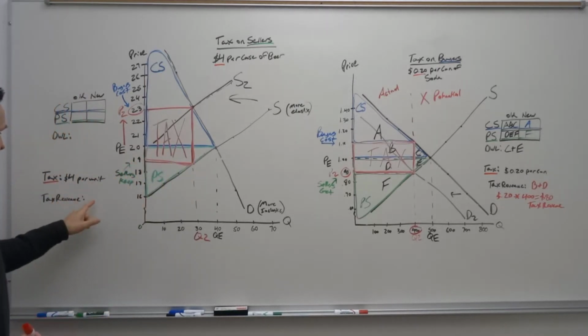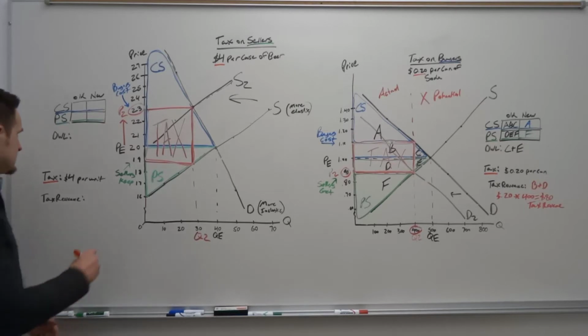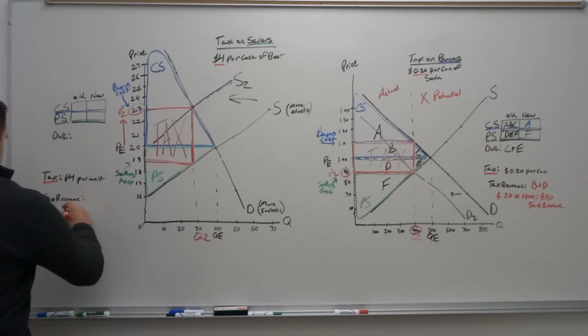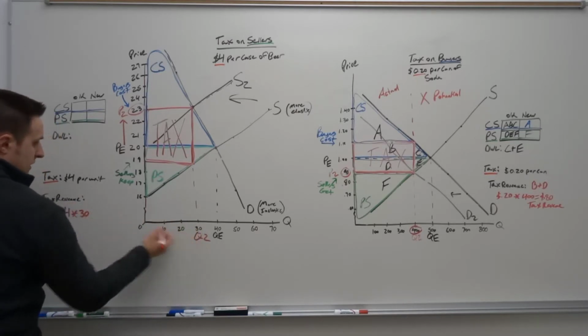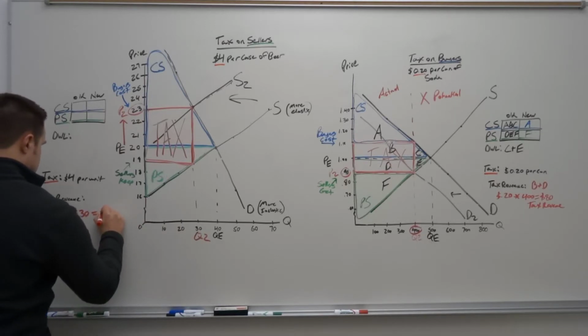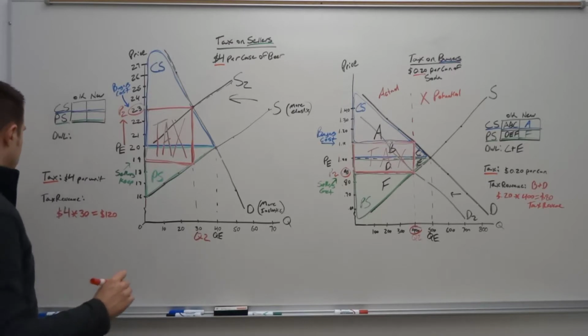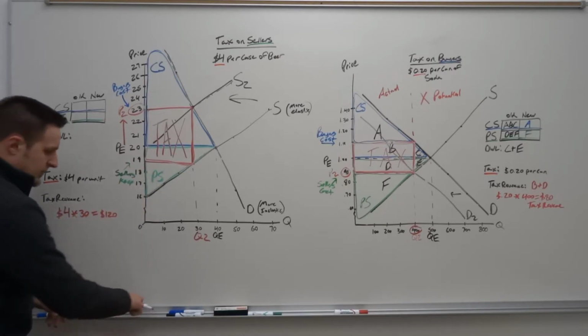So to get the tax revenue, we do the base times the height. So that's going to be $4 times 30 units, because our new quantity is at 30, it's going to give us $120. Now, that's going to be these areas.